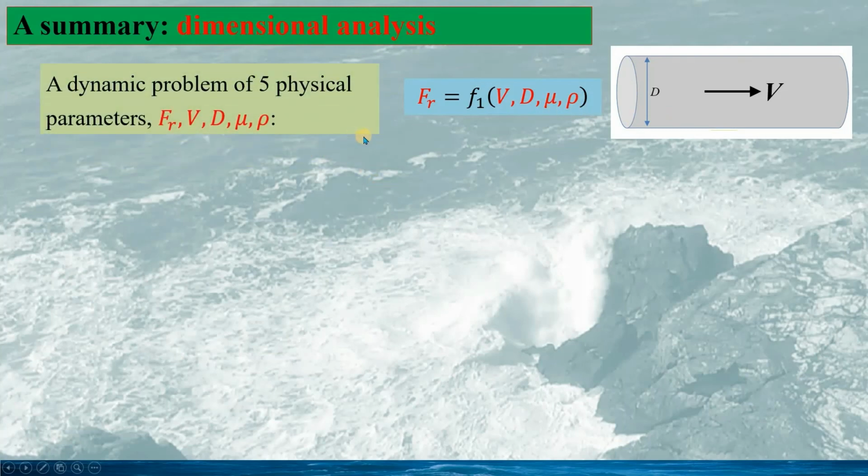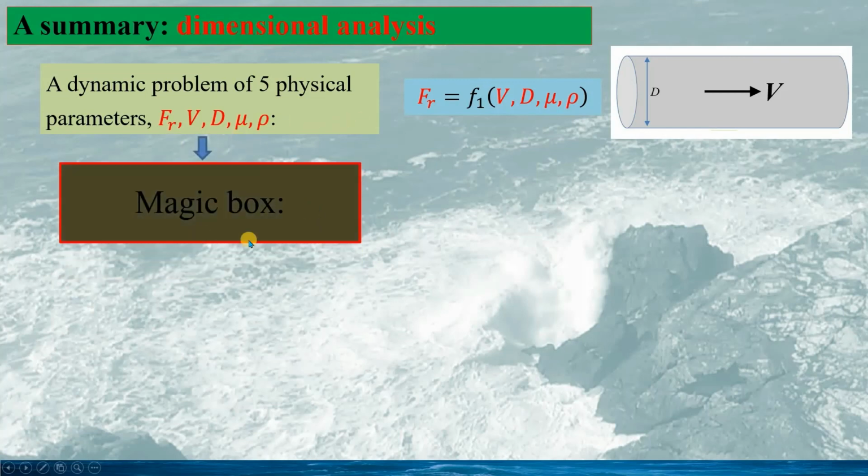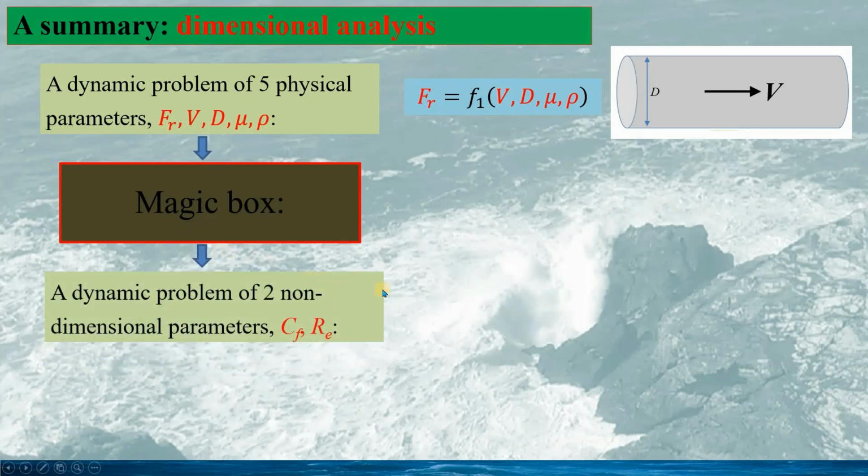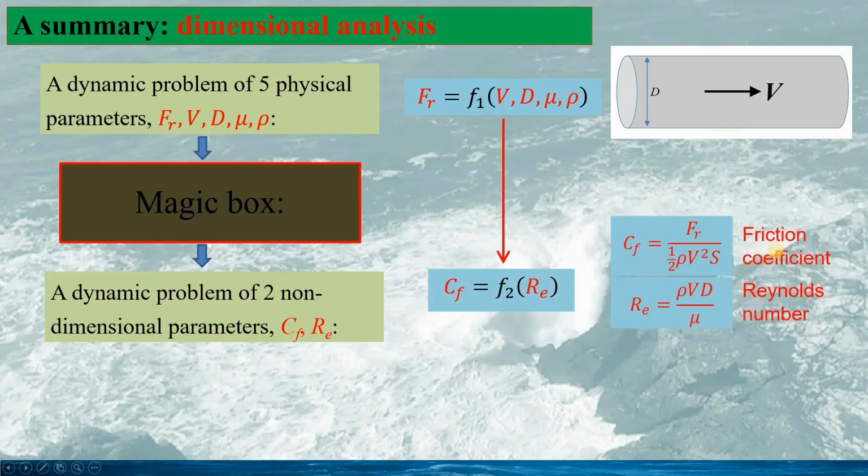So this is a problem of 5 physical parameters. And using some magic operation, the output of the magic box is a problem of 2 non-dimensional parameters, Cf and Re. Cf is the friction coefficient, and Re is the Reynolds number.